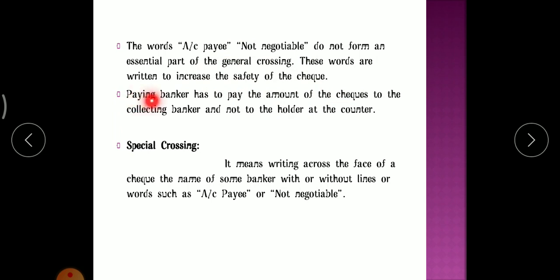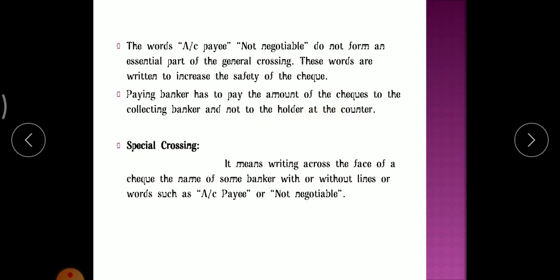Then, a paying banker has to pay the amount of the check to the collecting banker and not to the holder at the counter. Whenever there is a general crossing and 'account payee' or 'not negotiable' is written, the paying banker has to pay the amount of the check to the collecting banker. It means the amount will be credited directly to that particular account and will not be handed over at the counter.